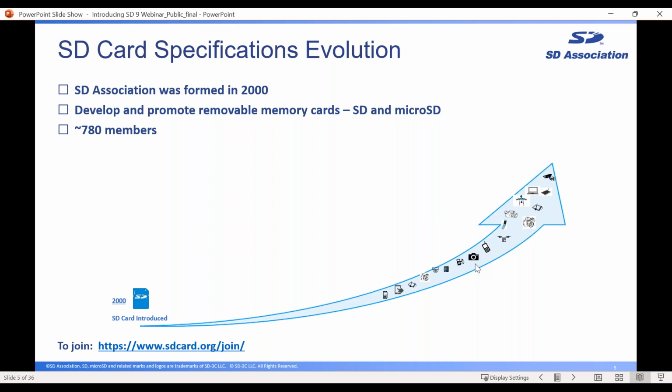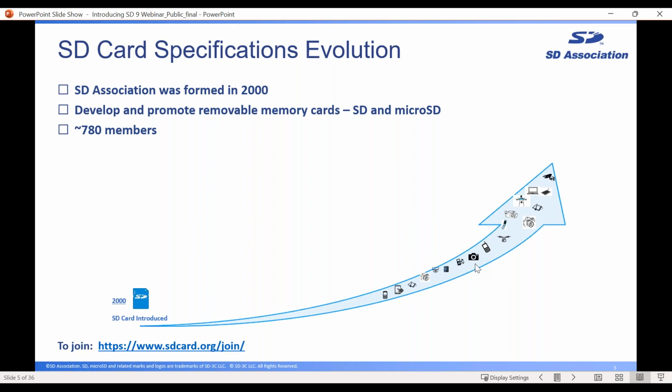SDA was formed in the year 2000, 22 years ago, with the SD cards. And we have today almost 800 members, actually 780 something. We have gained a huge experience with removable cards for the consumer market through all these years.